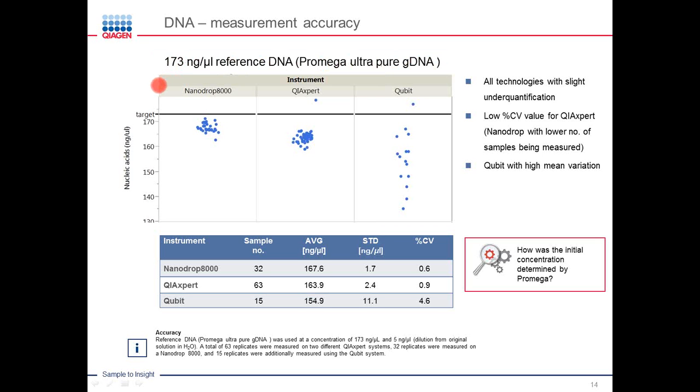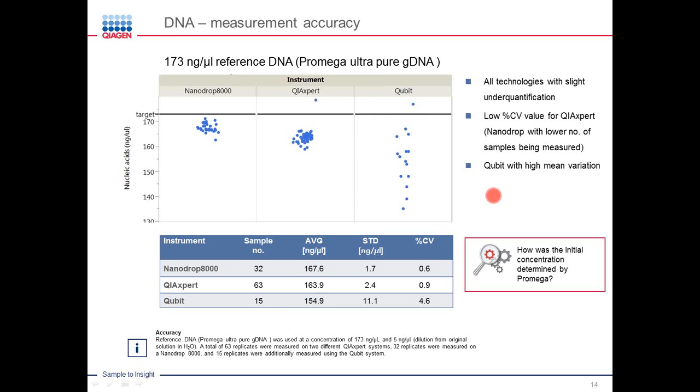And this is the comparison from that. As you can see, all 3 technologies under-quantify the sample a little, because the black bar here is the target concentration. But you can also see that at this point of 173 nanograms per microliter, the measurement points on both absorbance-based technologies are lying pretty nicely together, versus on the Qubit there is a pretty wide variation of measurements.